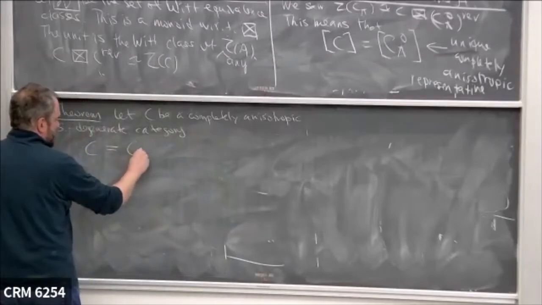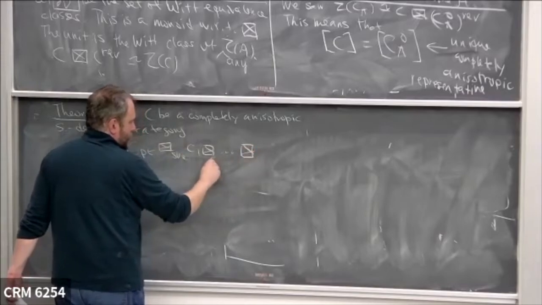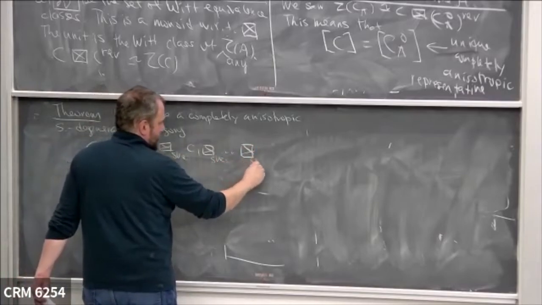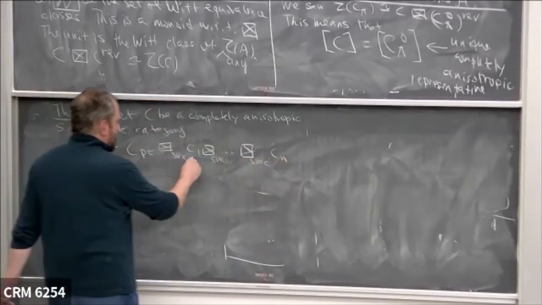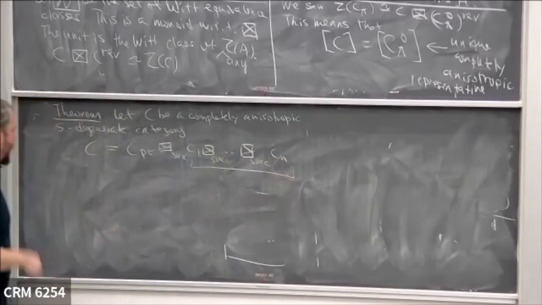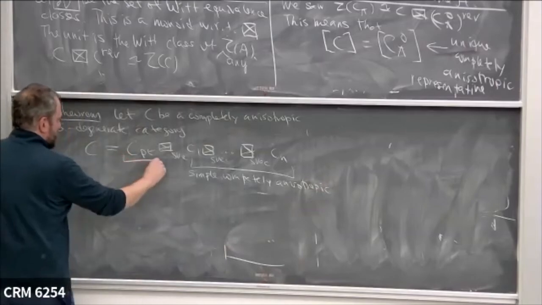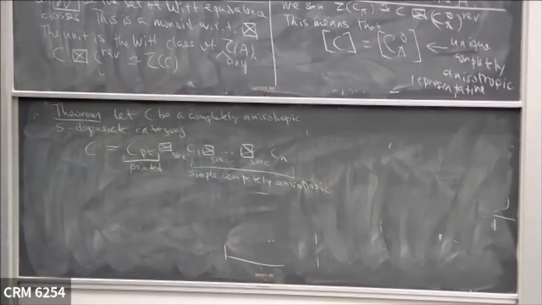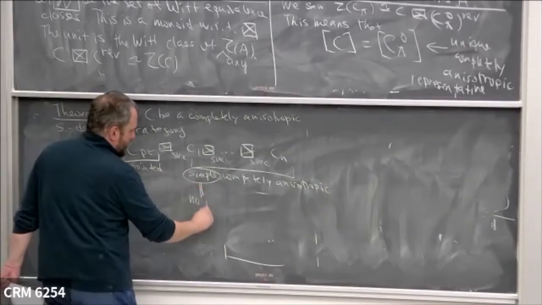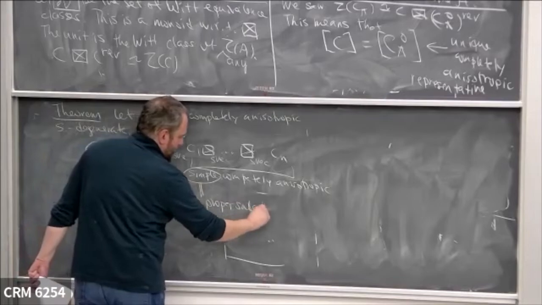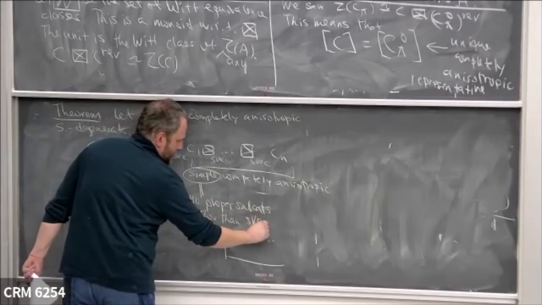So it has a pointed part, and then some number of categories C1, etc., Cn, where these are simple, completely anisotropic. And this is pointed, completely anisotropic. Here the word simple means that there are no proper subcategories other than SVEC, which is a part of the structure.